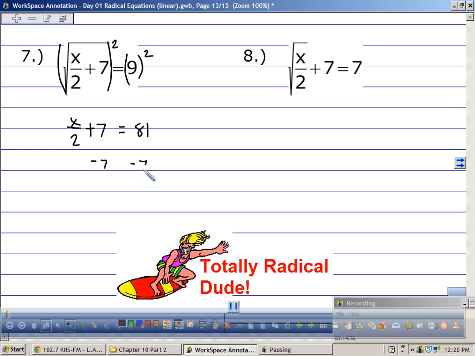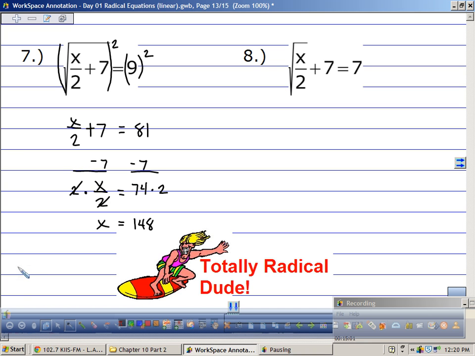Subtract 7 from both sides, and I get x over 2 equals what? 74. What's the last thing I do? I have division, so I multiply. 74 times 2 is 148.